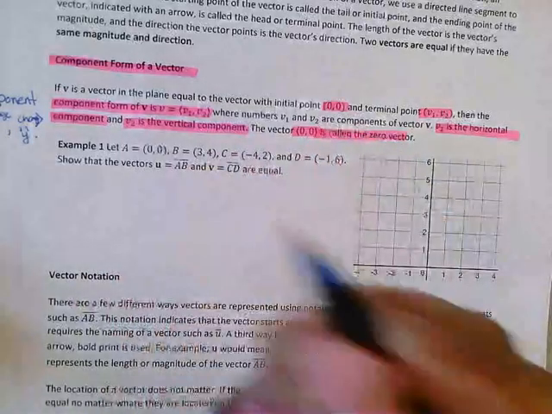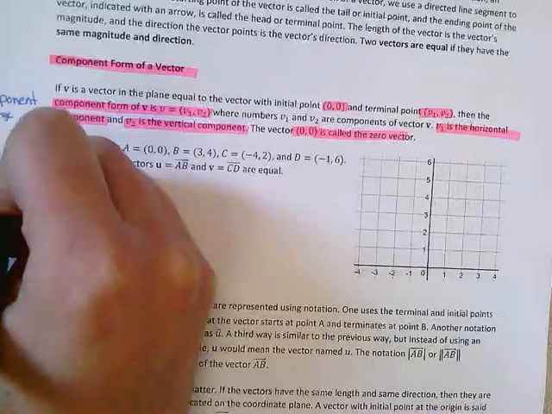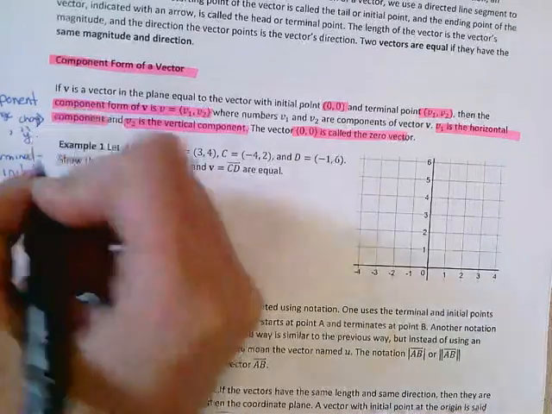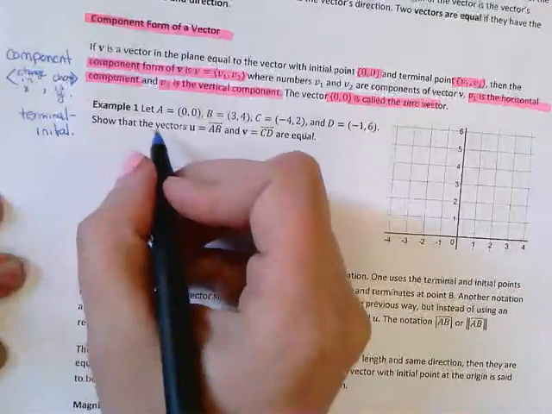And it's always going to be your terminal minus your initial points of the vector.